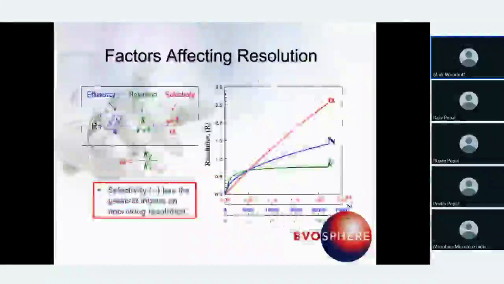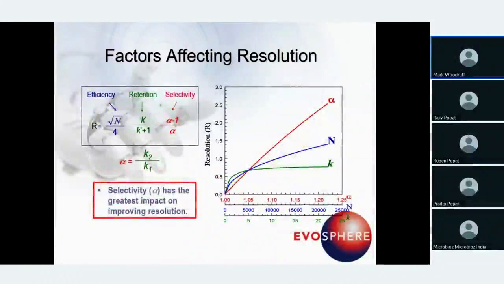So if we look at the resolution equation, there are three main factors to the resolution equation. The first of those is gaining retention of our analyte species, our unknown compound. And that is our K prime. K prime, we normally operate somewhere between about 2 and 10 as saying that this is a very accurate region.